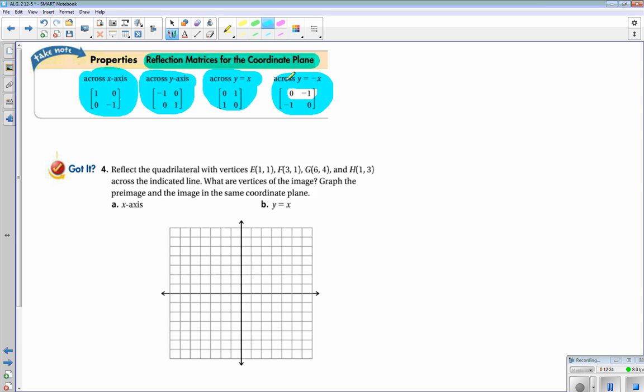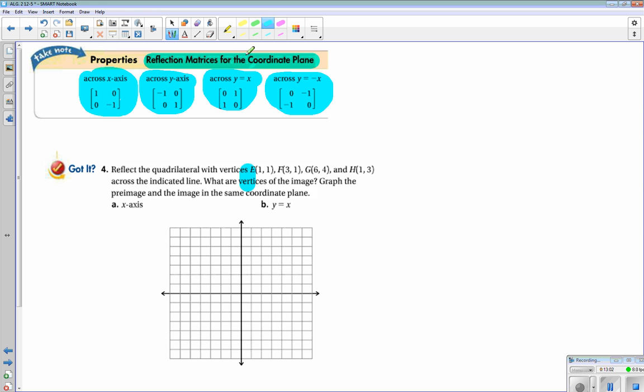And if I want a reflection across the line y equals -x, I multiply by this. So let's see if we got it. It says reflect the quadrilateral with these vertices across the indicated line. What are the vertices of the image? Graph the pre-image and the image in the same coordinate plane. So let's plot these points together.